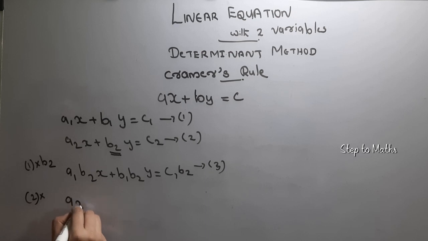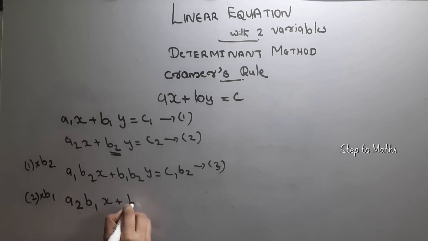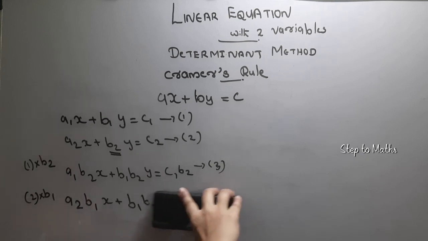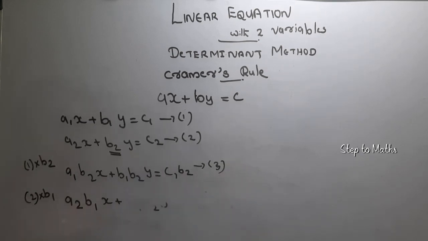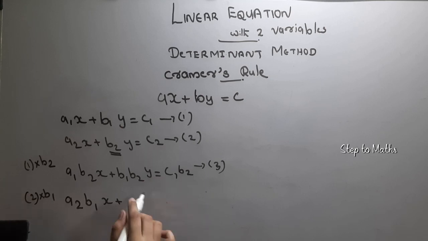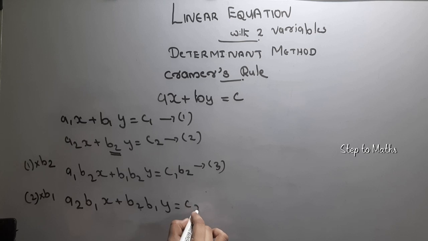Then a2 b1 x plus b2 b1 y equals c2 b1. We can label this as equation number 4.